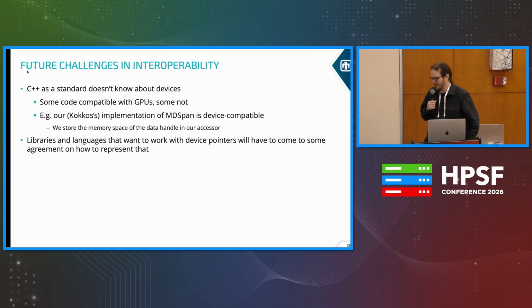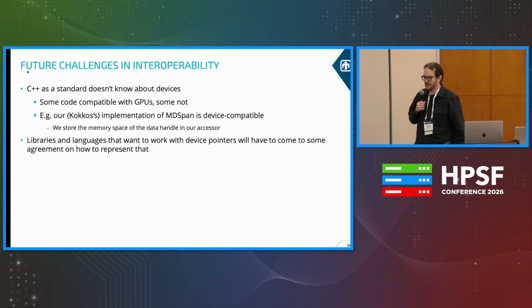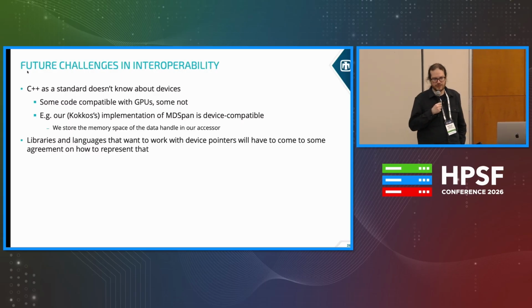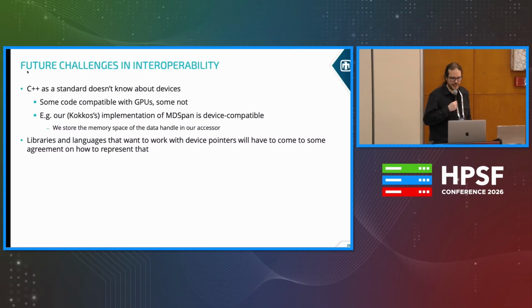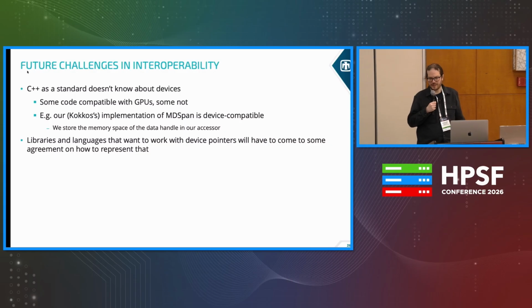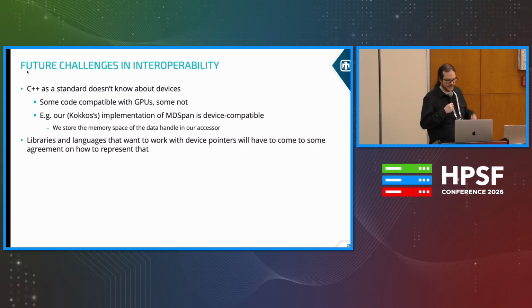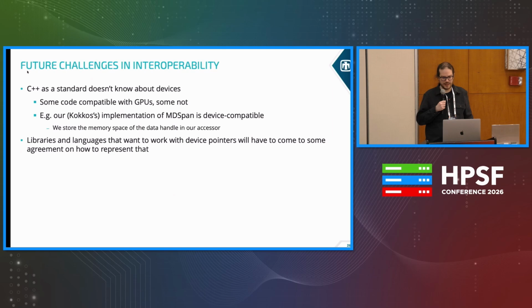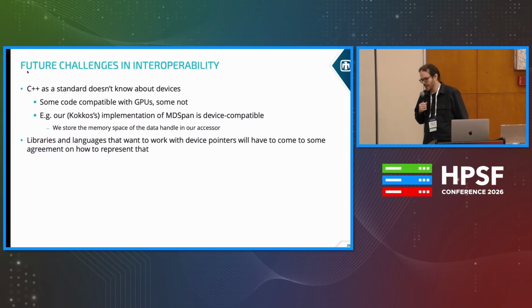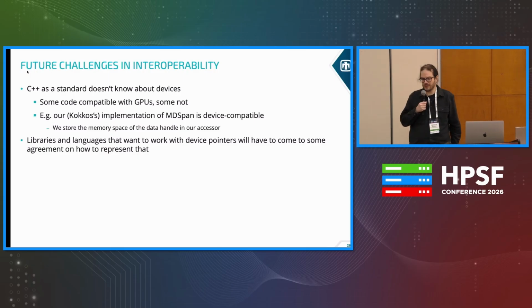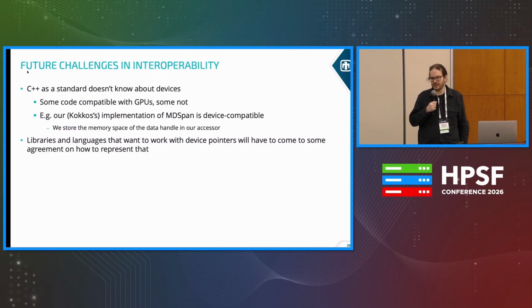But I will point out with regards to mdspan that the Kokkos project actually ships its own implementation of mdspan. This was used as a proof of concept when we pushed for it in the standard. And our version of mdspan is device compatible. Also, because we rebased Kokkos on top of mdspan, we provide custom accessors and data handles that are associated with the memory spaces in Kokkos, like whether it's on the host or on the device.